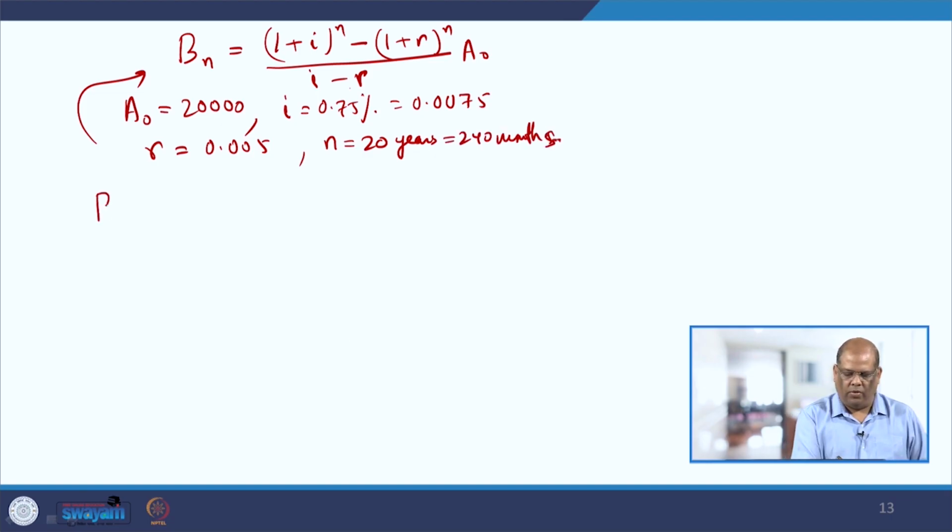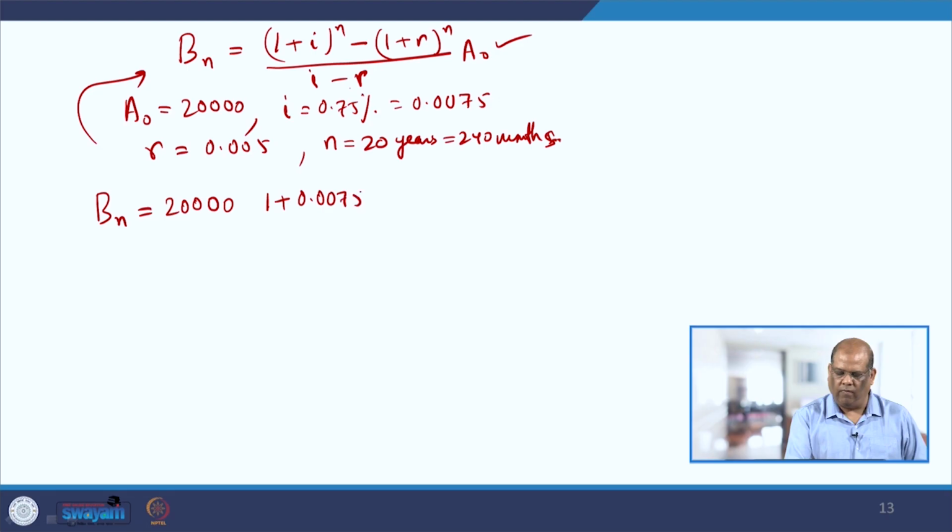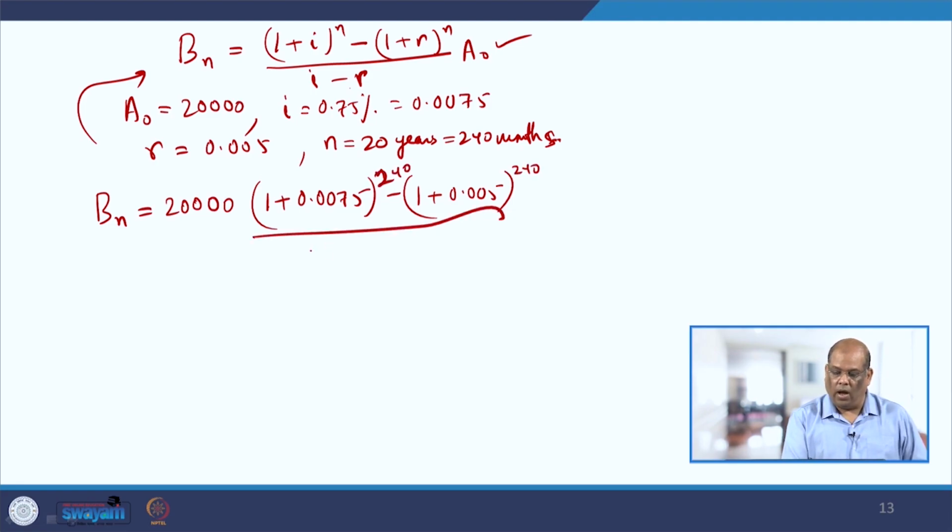So Bn will be equal to 20,000 for this A0, then ((1 + 0.0075)²⁴⁰ − (1 + 0.005)²⁴⁰) divided by (0.0075 − 0.005).